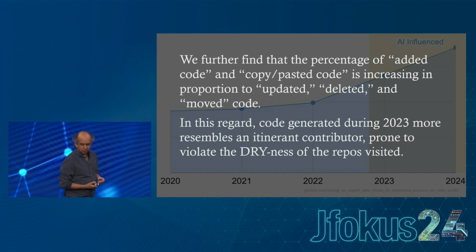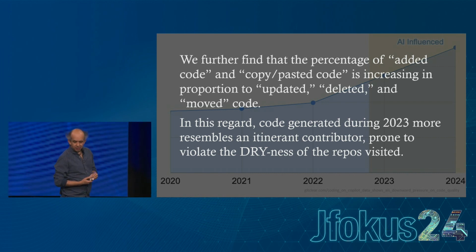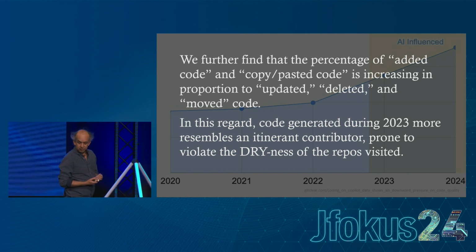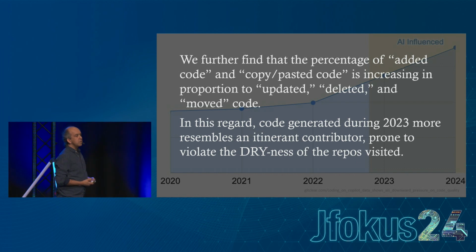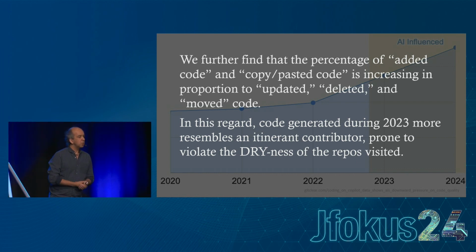In this regard, code generated during 2023 more resembles an itinerant contributor prone to violate the dryness of the repos visited. This is in response to a question they posed in this study.